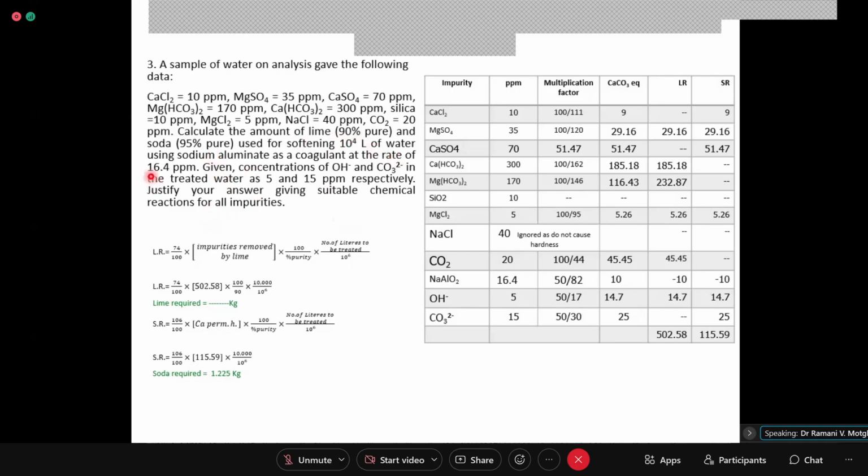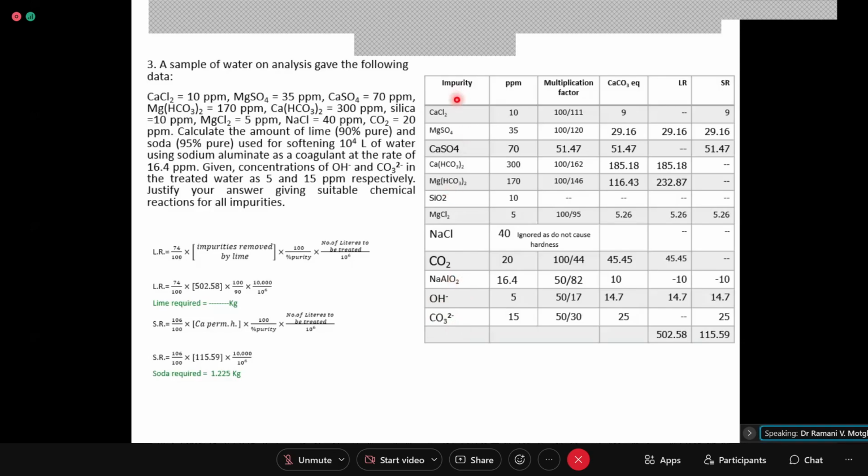So sodium aluminate. Then they say that the treated water contains hydroxide and carbonate. Generally, you see hydroxide and carbonate when it's given here, this part is also given in ionic form. Okay, generally, I don't know from where this numerical was taken, because when you are given treated water analysis, you are expressing them as hydroxide and carbonate.